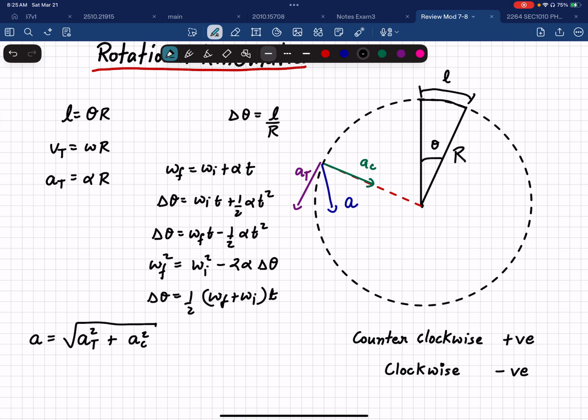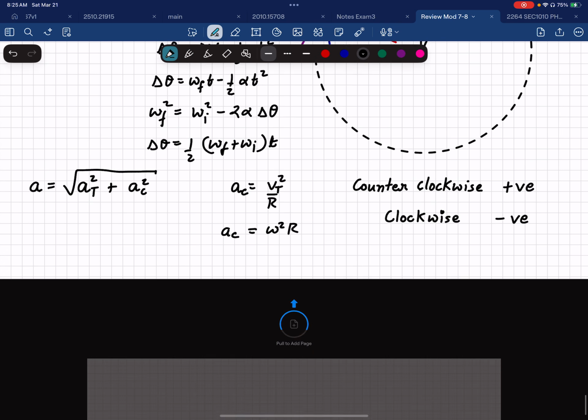So your centripetal acceleration is given in terms of the angular velocity as this. Okay, understood?